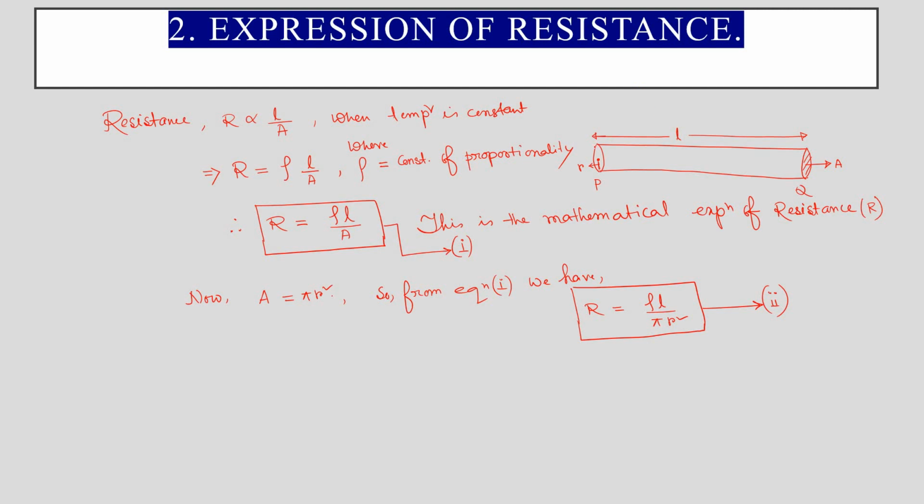Now we again consider the area of cross section of the wire in terms of its diameter.